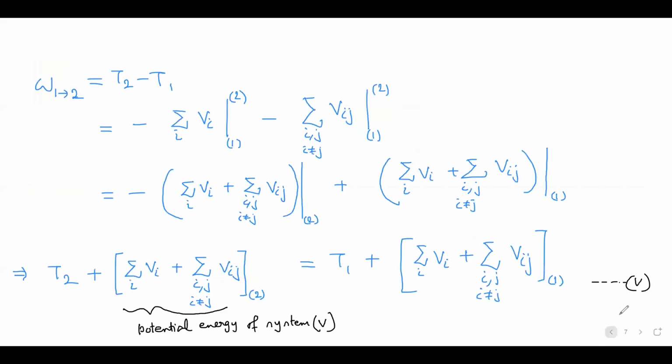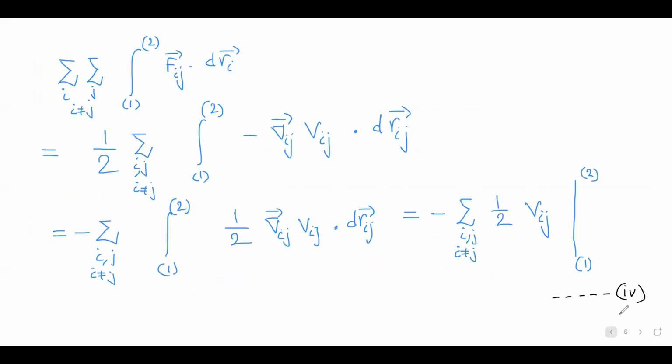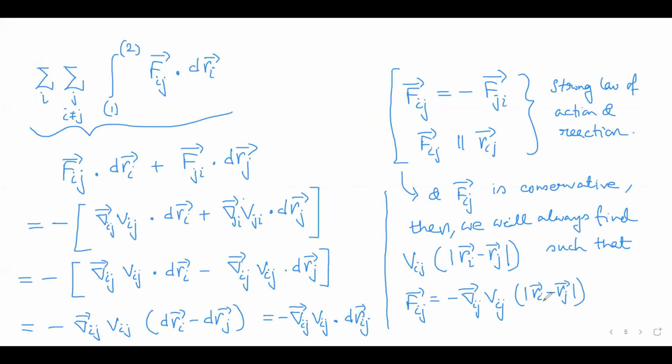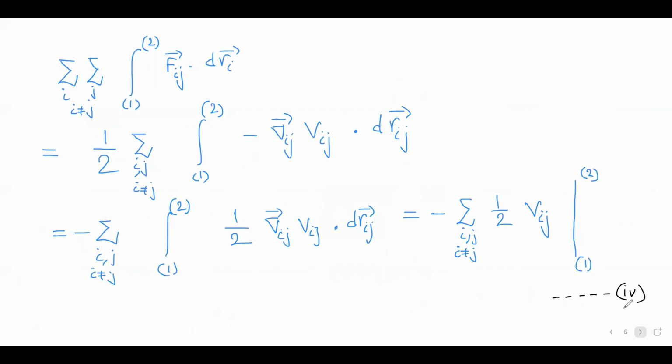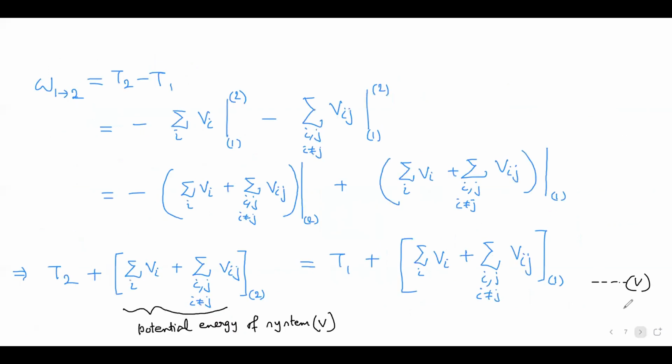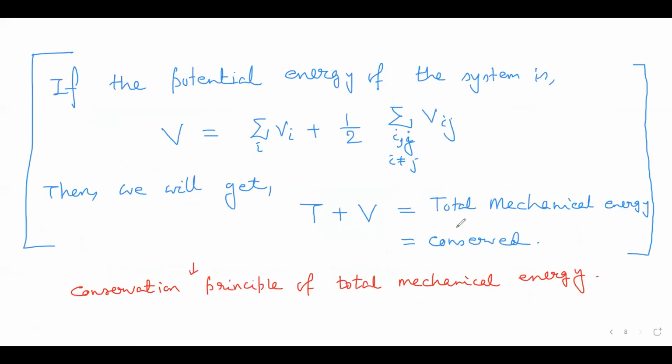One is the strong law of action and reaction. So the Fij, the internal forces, should obey the strong law of action and reaction. Another thing is that all the forces, the internal force and the external force, both should be conservative. Only then we will get this conservation law of total mechanical energy, where the potential energy is defined like this.